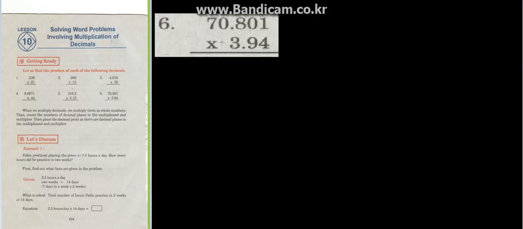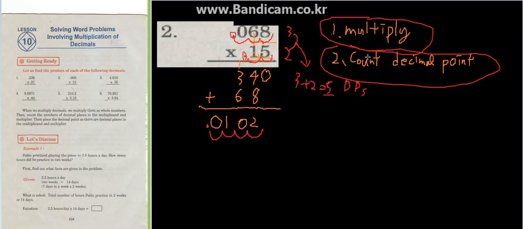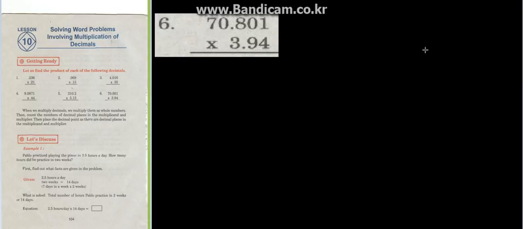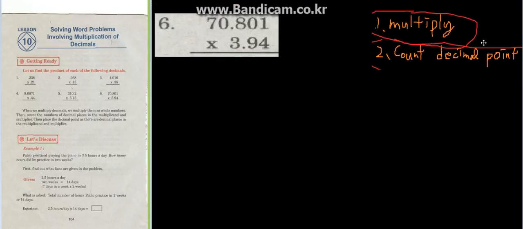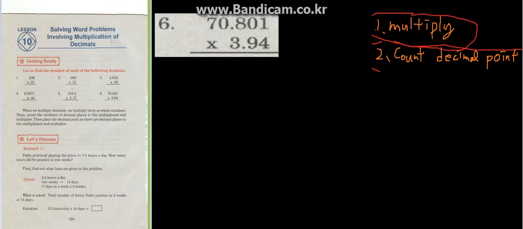Problem number 6. As we always do, we first multiply, then count the decimal points. Always remember this. So first, just multiply. We see it as 70,801 multiplying 394. 1 multiplied by 4 is 4, then 0.